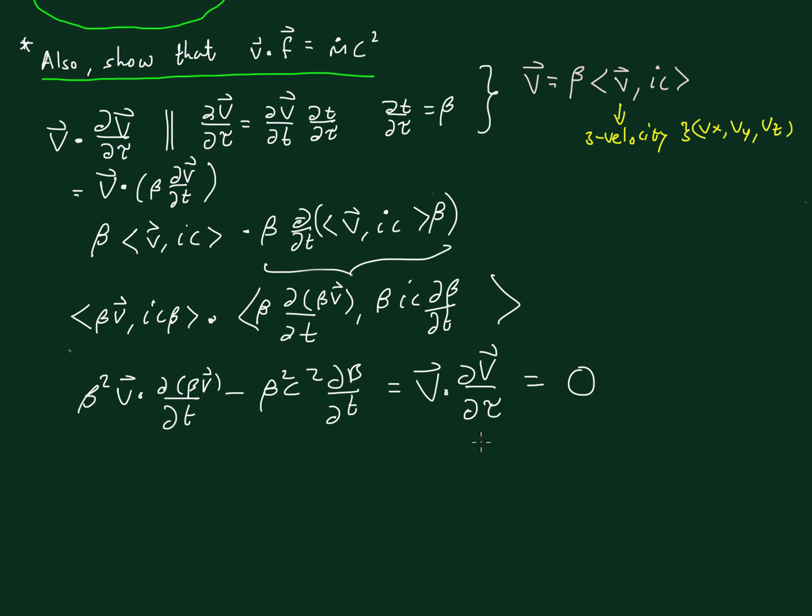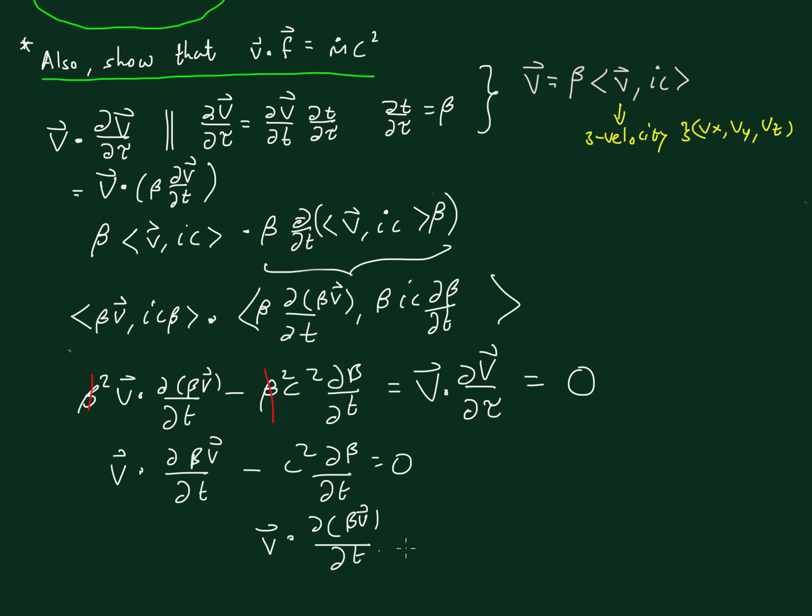Now, if this term equals 0, then we can cancel out the beta terms so that we're left with v dot d(beta v)/dt minus c squared d beta/dt is equal to 0, which implies that v dot d(beta v)/dt is equal to c squared d beta/dt.